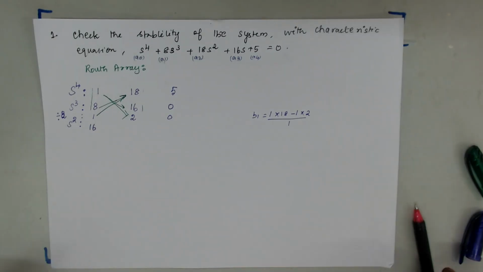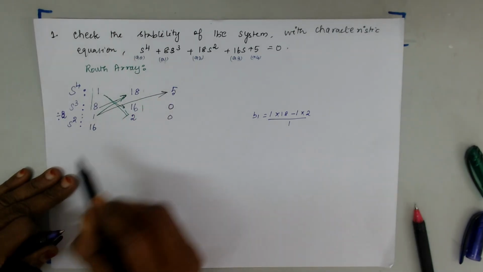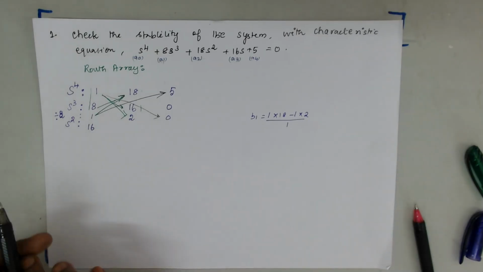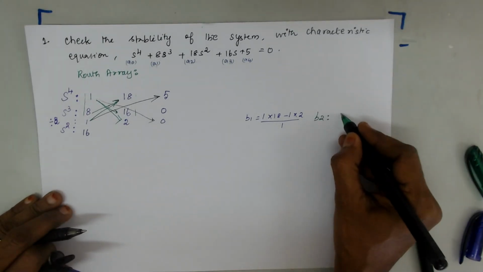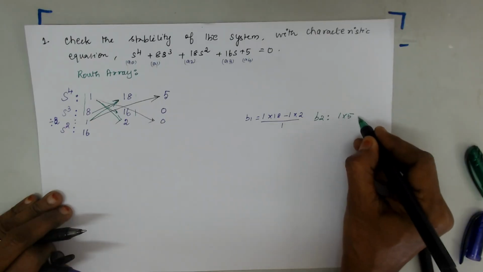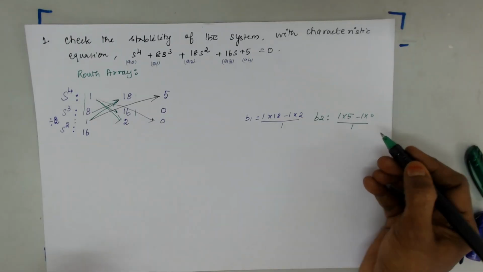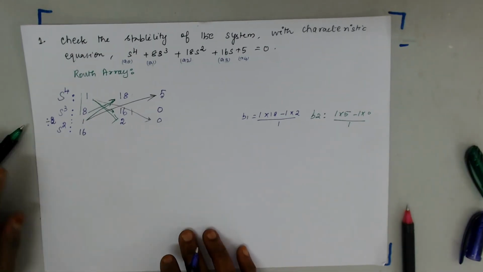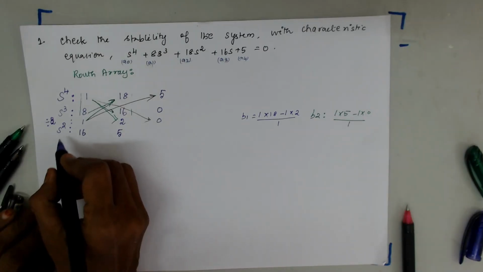The second element is formed by multiplying 1 with 5 and 1 with 0, divided by 1. That is, B2 is 1 into 5 minus 1 into 0, divided by 1. So 1 into 0 is 0, and 1 into 5 is 5, divided by 1 is 5. So we have formed the s square row.